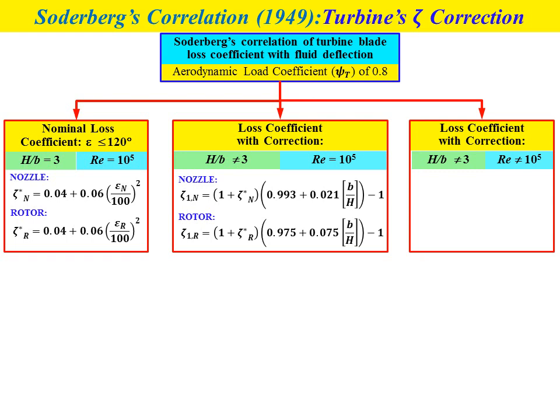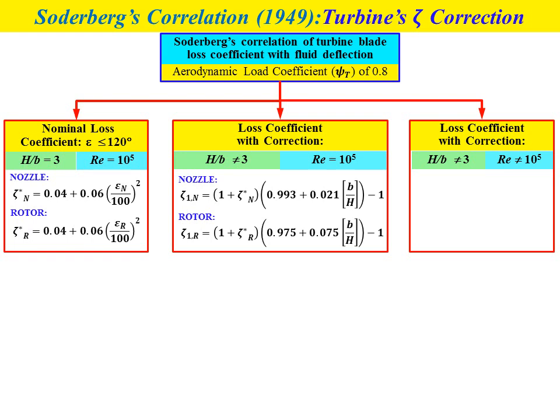So the third equation introduced by Soderberg is the loss coefficient formula that already includes the correction for a case where H over B is not equal to 3, and also the Reynolds number is not equal to 10,000.